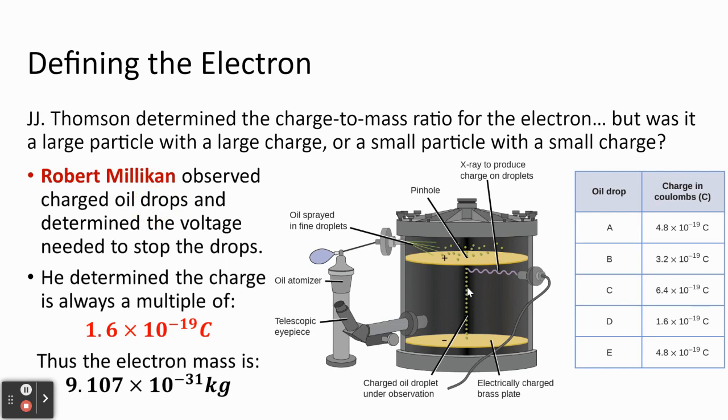And he determined that the charge that causes those oil drops to stop moving was always a multiple of 1.6 times 10 to the minus 19 coulombs. And from that information, he determined that the mass of an electron is 9.107 times 10 to the minus 31 kilograms.